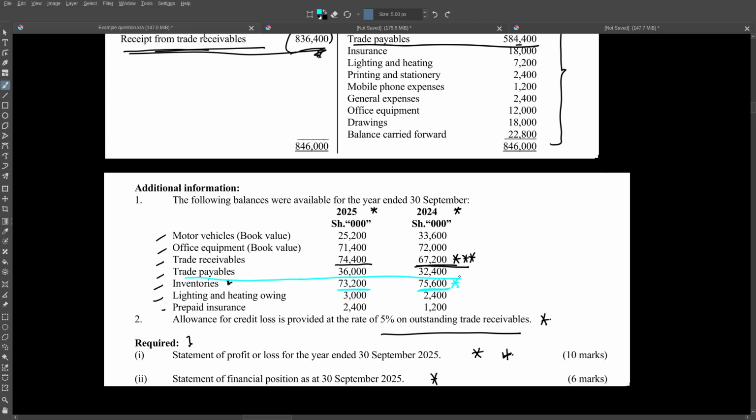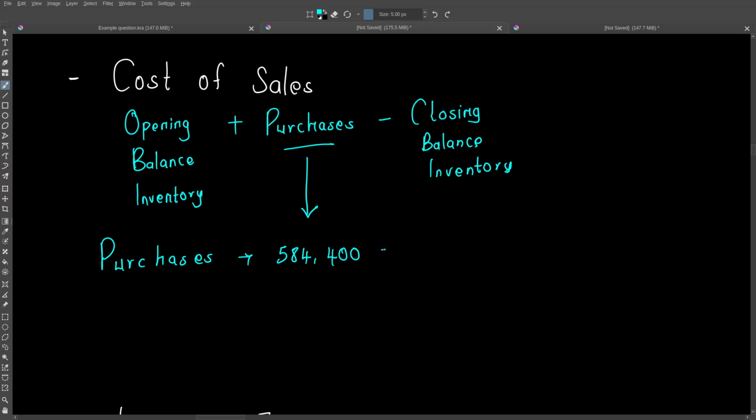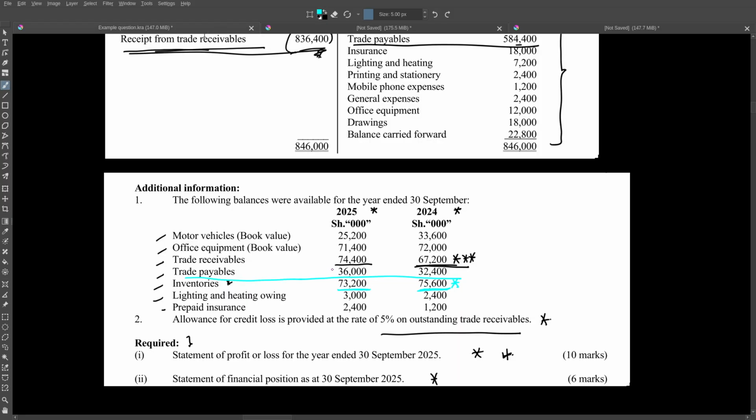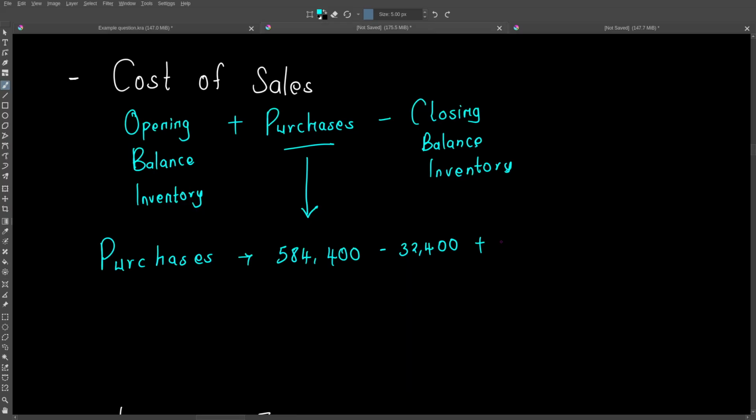So these payments will include this 32,400, which was for the previous period. So we less 32,400, and then we add our trade payables as at 30th September 2025, which is 36,000, to get our purchases.